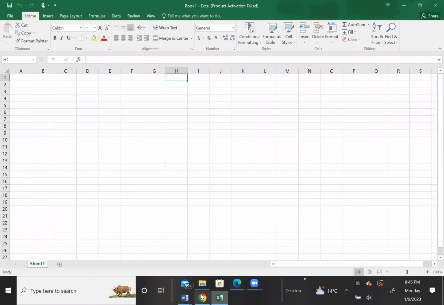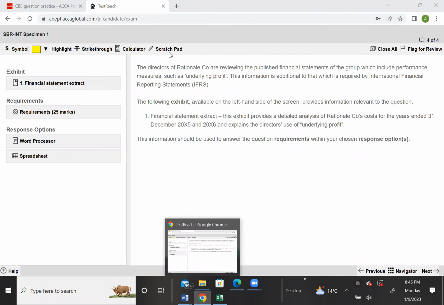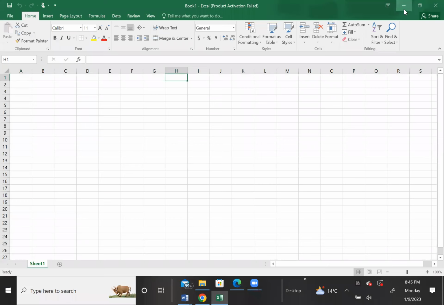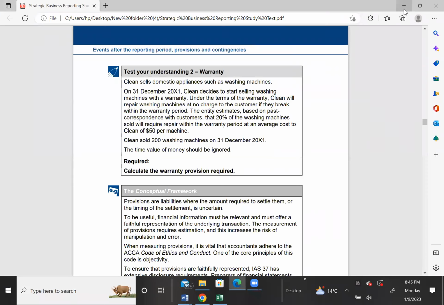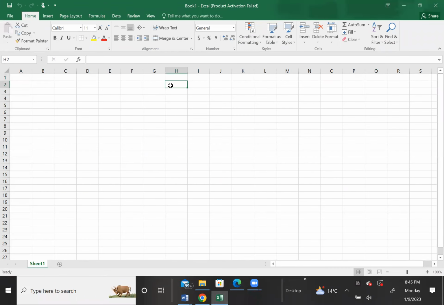They have sold 200 washing machines. So basically we are saying that out of 200 washing machines, 80% of machines would require no repair.